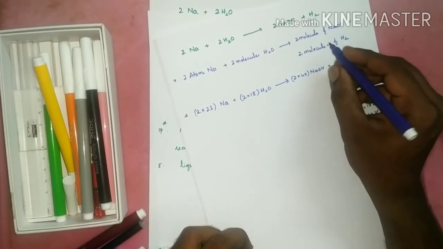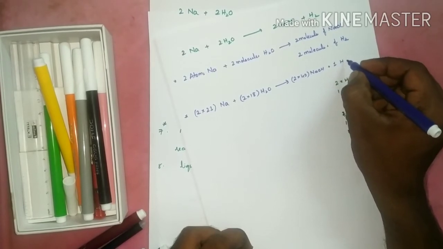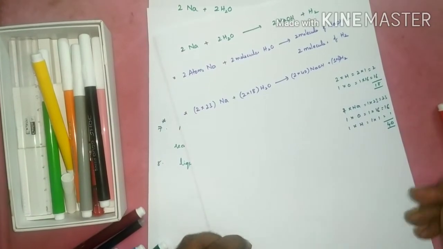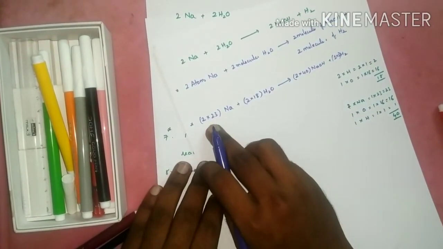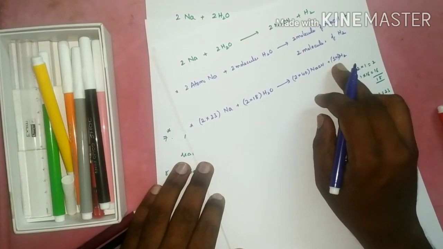Plus H2, 1 into 2 H2. So what is this? 2 into 23, 2 into 18, 2 into 40, 1 into 2 you have written.